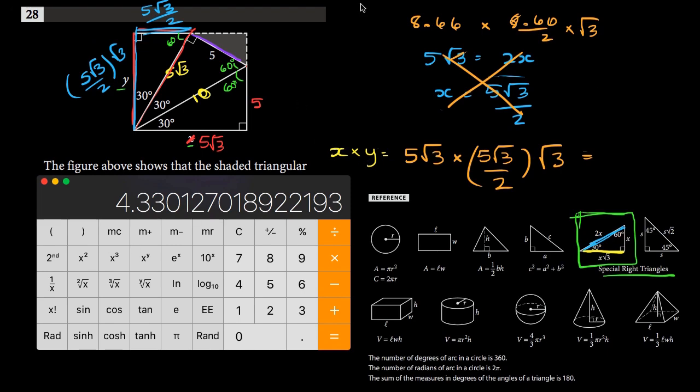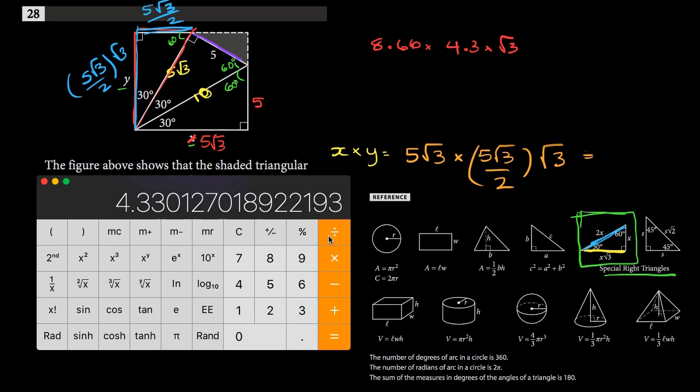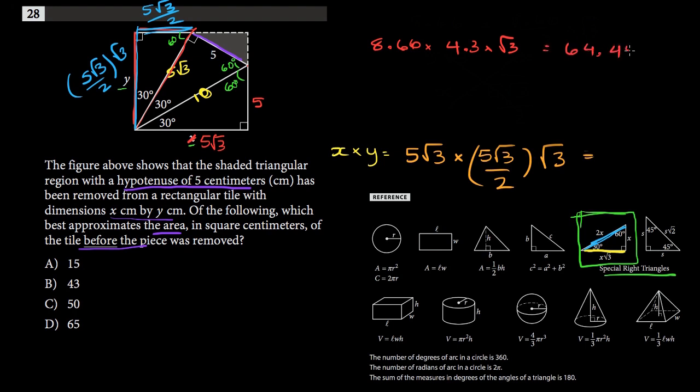So 8.66 times 4.33 times root 3 should be our answer. Root 3 is 1.73, so 1.73 times 4.33 times 8.66 is 64.49, which is close enough to answer choice D, and so our answer is D.